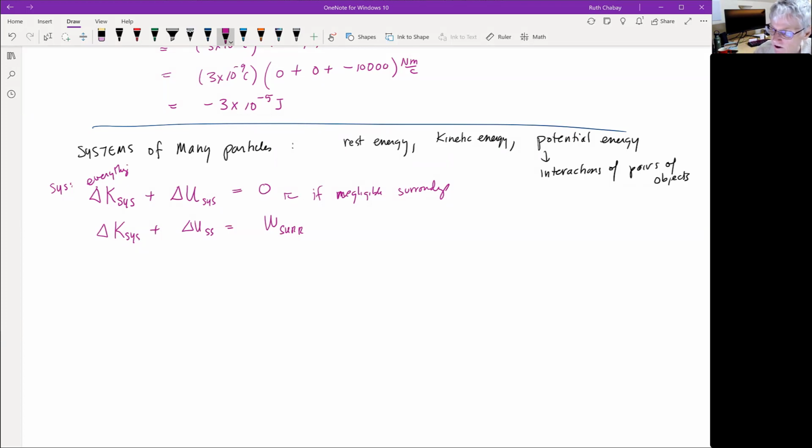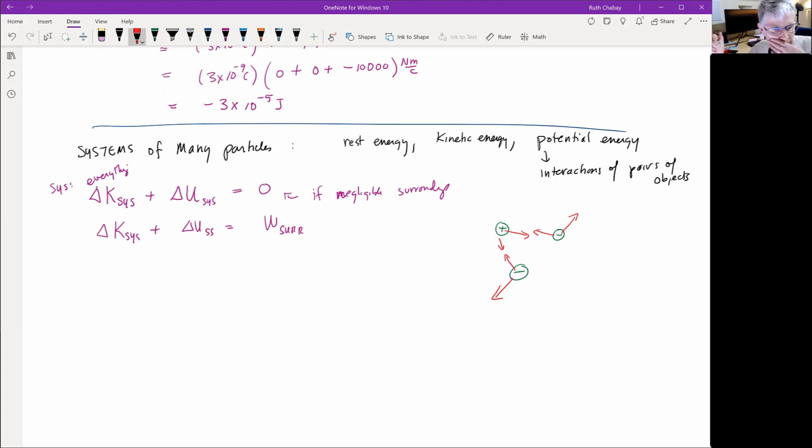And so if we have lots of interacting particles here, we have some charges. They're exerting all sorts of forces on each other. So let's see, that would be attracted to that. Those two repel each other. Those two attract each other.